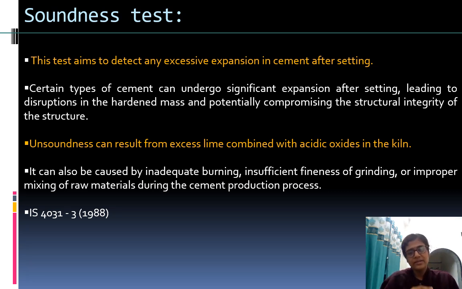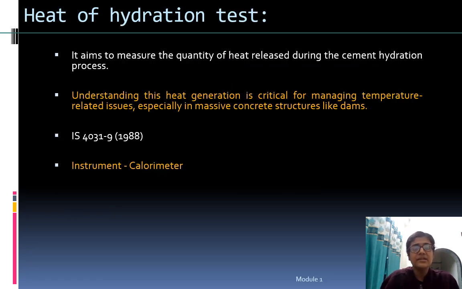All these things, in combination or independently, will lead to excessive expansion in cement. So this is what a soundness test is for, and the detailed procedure can be found in IS 4031 part 3 1988.